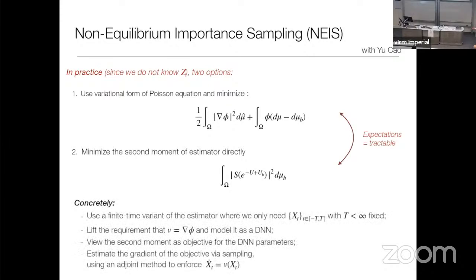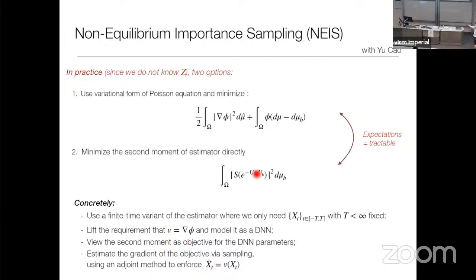So if you do that, concretely we do something which is slightly different. We use a finite time variant of the estimator that I showed you. It's possible to write it down. We lift the requirement that the velocity is the gradient of a potential, because we know that there is an optimal velocity in this class, but it's not necessary.